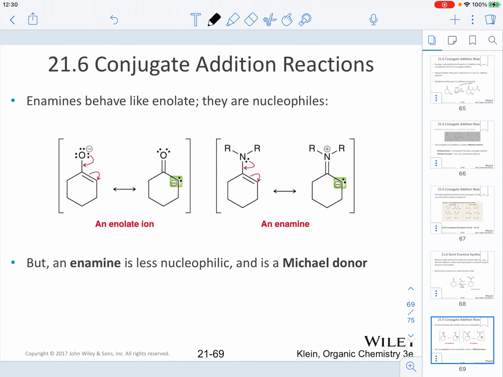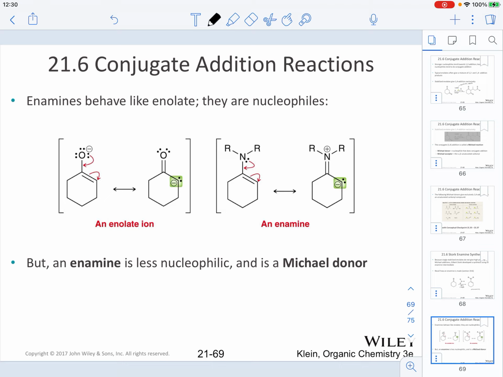Enamines behave like enolates. In other words, they are nucleophiles. And as you can see in the slide, we are just illustrating how an enolate and an enamine look similar in terms of the carbon that is alpha to the double bonded atom. In the case of the enolate, it is to oxygen.